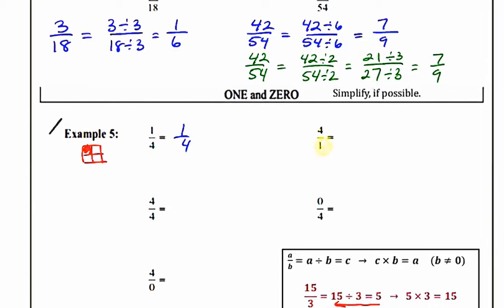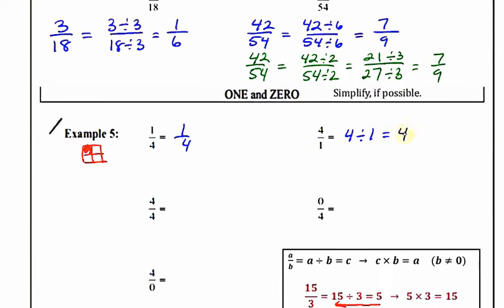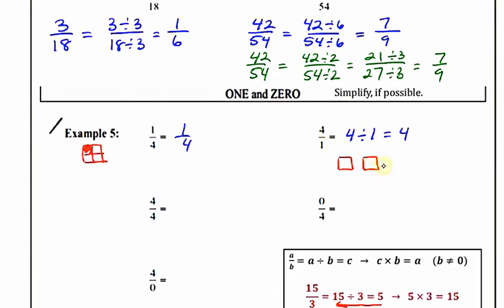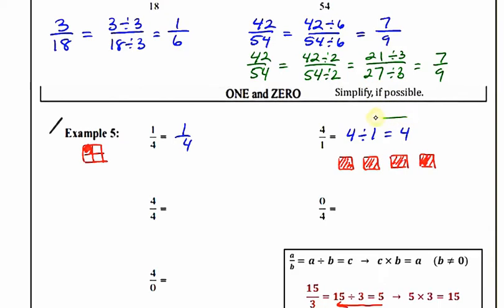Next we have 4/1, which means 4 divided by 1, which we know equals 4. The model for this, because the denominator is 1, we'd have 1 whole, cut or partitioned into 1 piece, which we already have, and we'd have 4 of these, giving us a total of 4. And also notice the corresponding multiplication problem would be 4 times 1 equals 4.